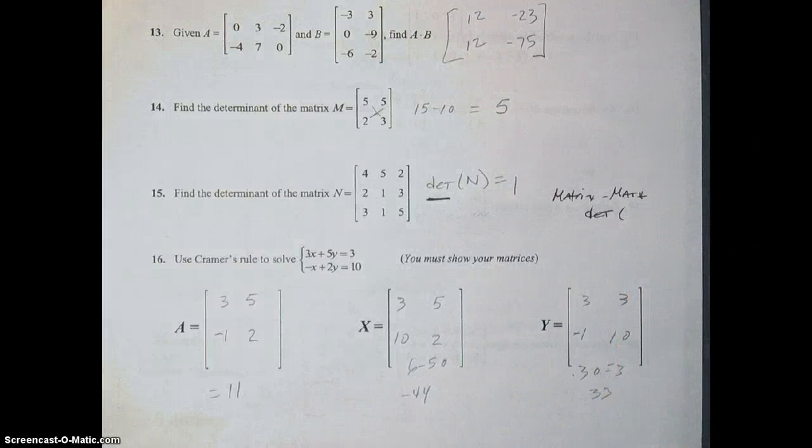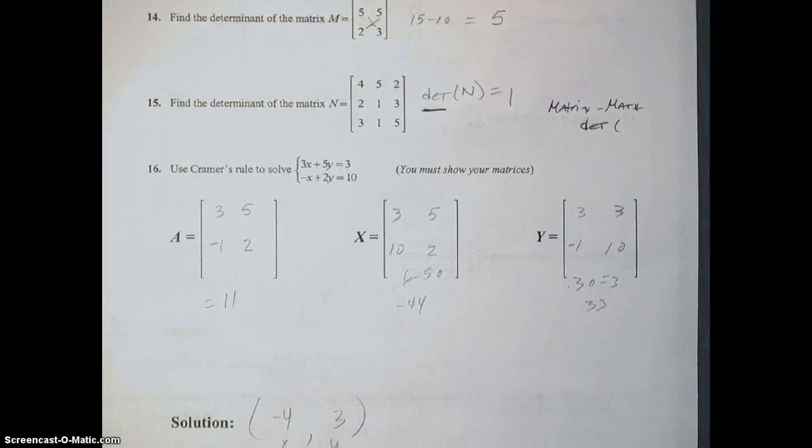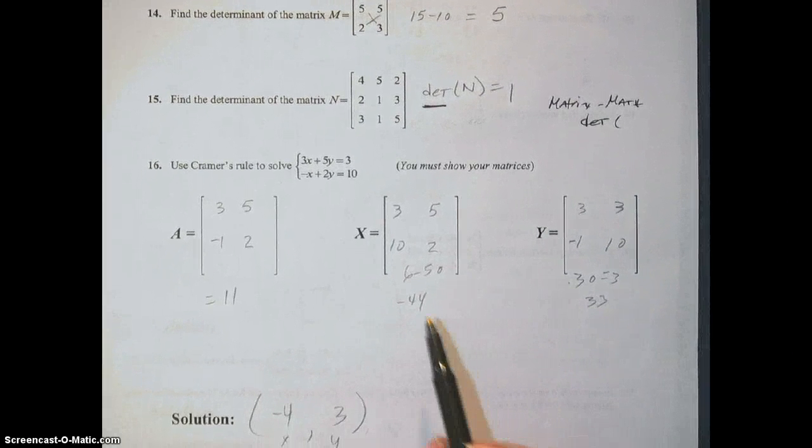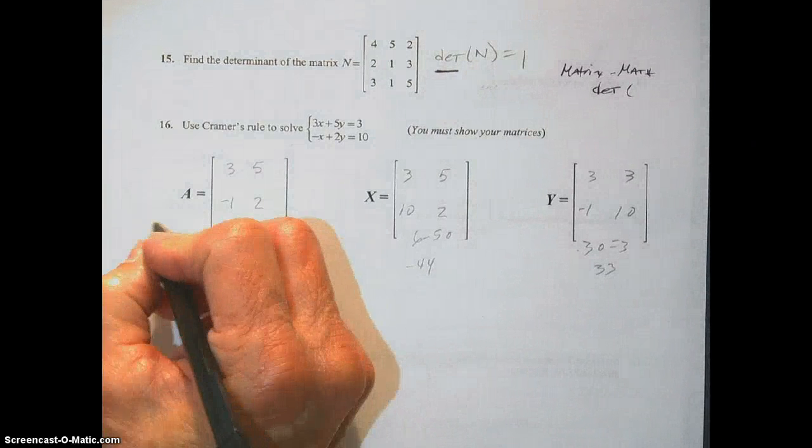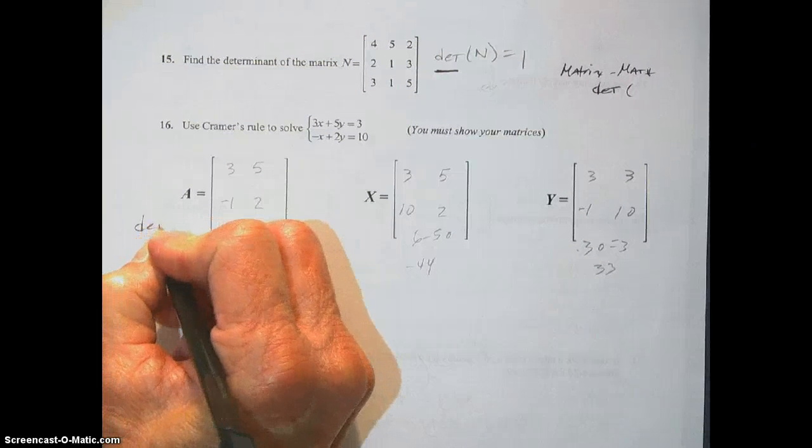Cramer's rule: on your test, I'll ask you to set up Cramer's rule. The way that I have this set up here, this variable here is the variable in the denominator.